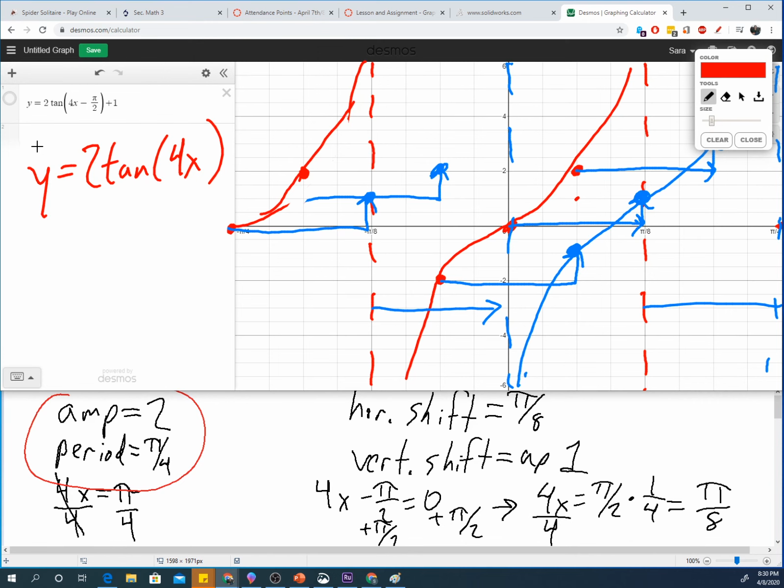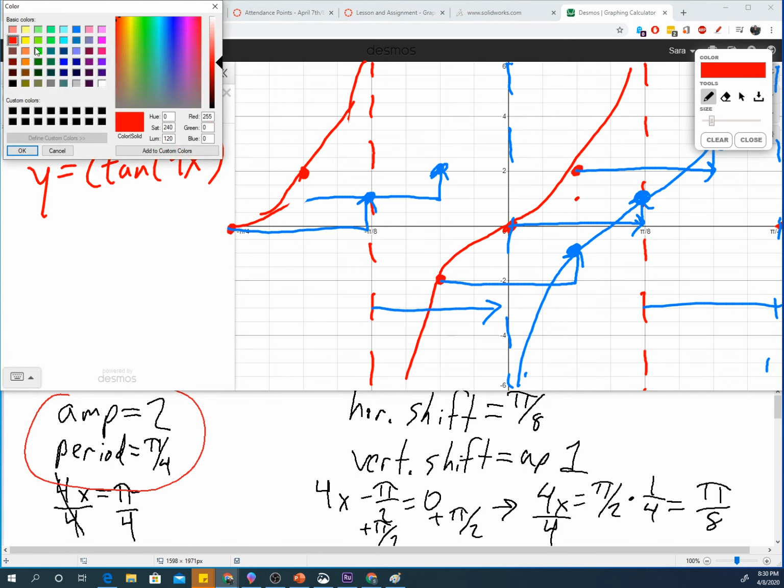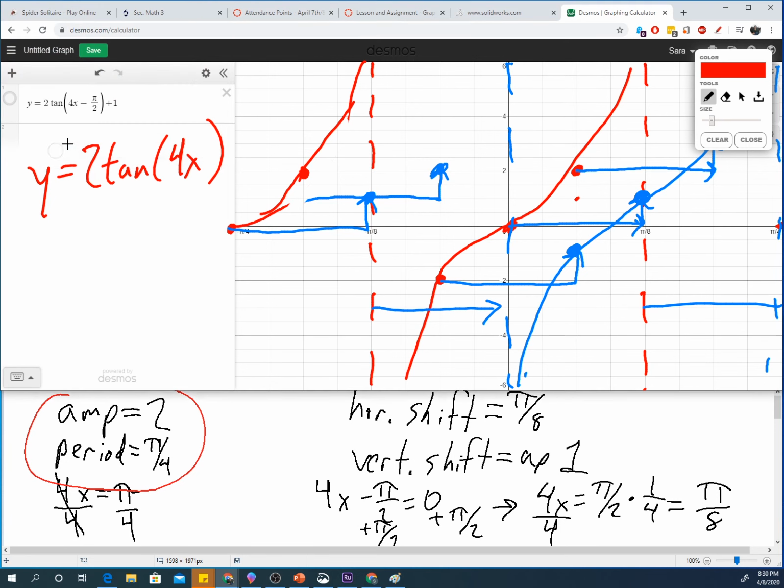Okay, so I'm going to take all of those points. Let's go and erase that one too. Okay, so I'm going to take that point over pi/8 and up 1. There we go.